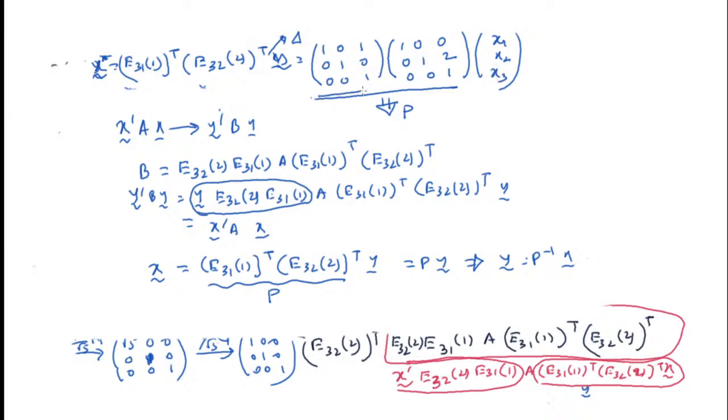So denote these matrices by P. This P x curl equal to y curl. So x curl should be P inverse y curl. Clear? Thank you, Shubhrajit. You rightly pointed out. Actually, this is my mistake.